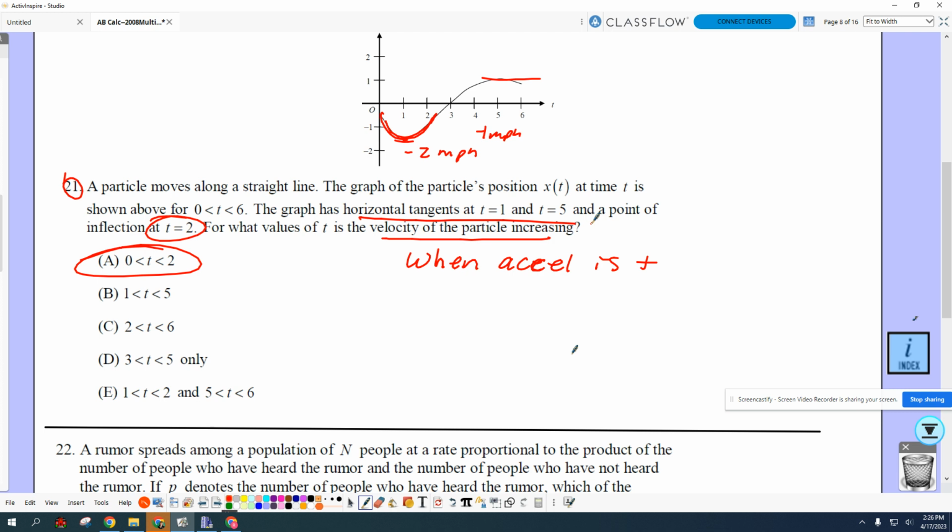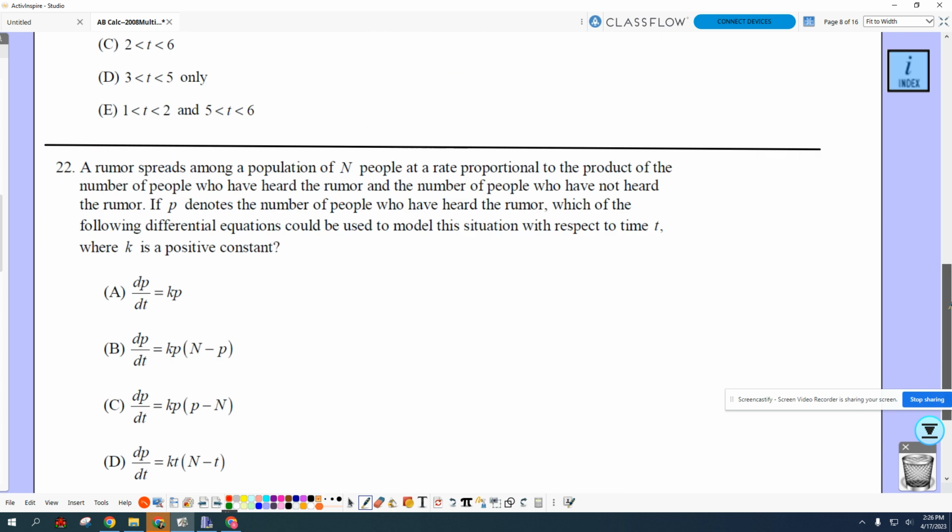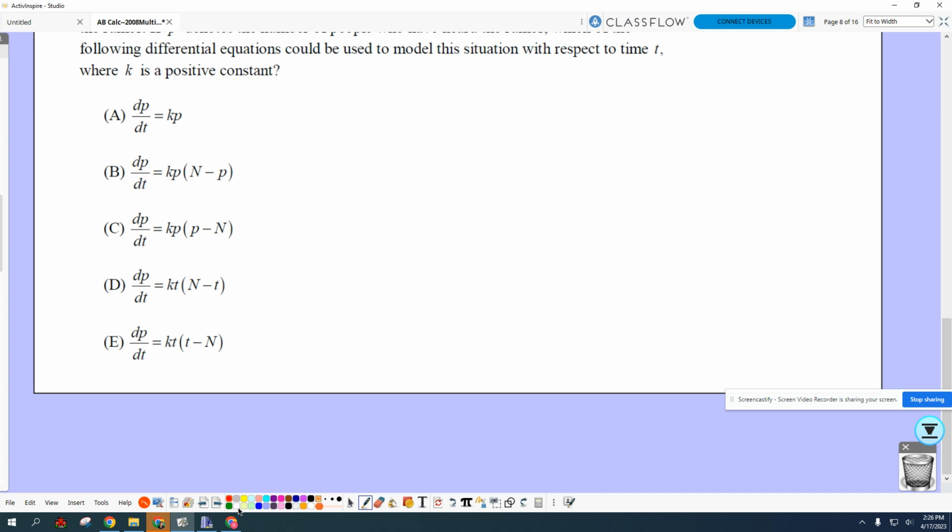Velocity is increasing when acceleration is positive. So it all matters, like, are you talking about position, distance from the origin, or where you started? Hang on, there's 21, 23, there's two more that are stinkers.